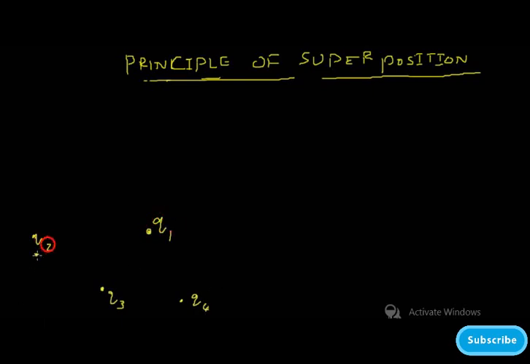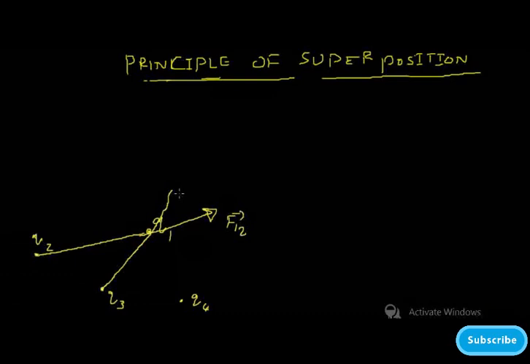So Q2 charge exerts a force on Q1 in this direction. Let us consider this is F of 1, 2 vector. Similarly, Q3 charge also exerts force on Q1. The force is called F13. So Q3 exerts force on the Q1. This is Q1 charge.